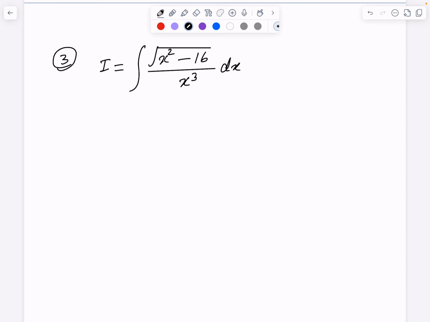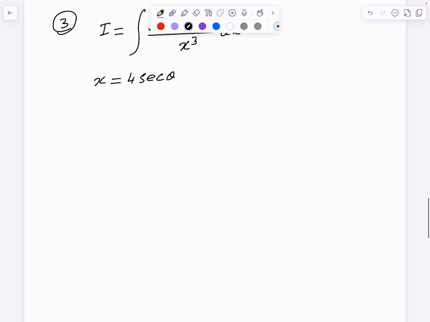Okay, so in this case x equals 4 secant theta and dx equals 4 secant theta tan theta d theta.